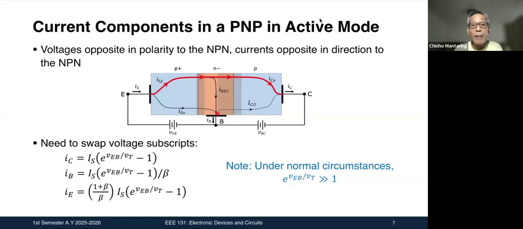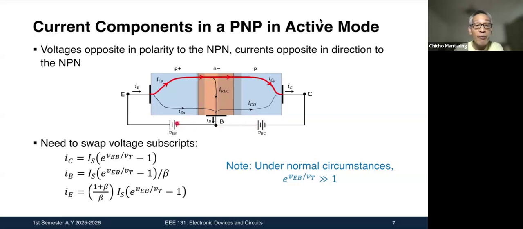Now this has to be reverse biased. If your collector junction is to be reverse biased, then your base has to be made positive with respect to the collector. So that becomes VBC. In the NPN, it was VCB. So now it is VBC.